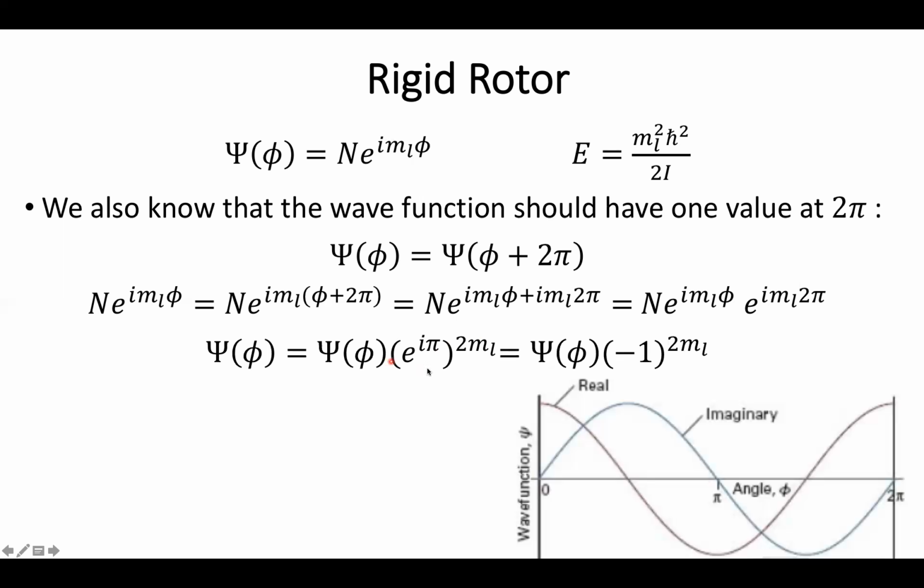This one is where we finally get to use Euler's identity, because e to the i pi is the same as -1. So what I have is, by applying the boundary condition, I have my wave function equal to itself times -1 to the power of twice the rotational quantum number.